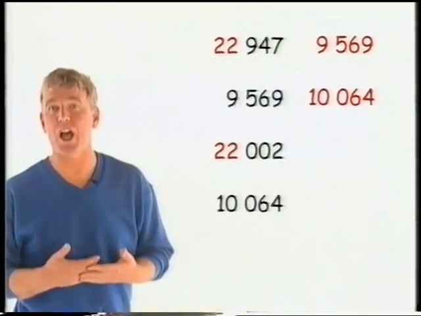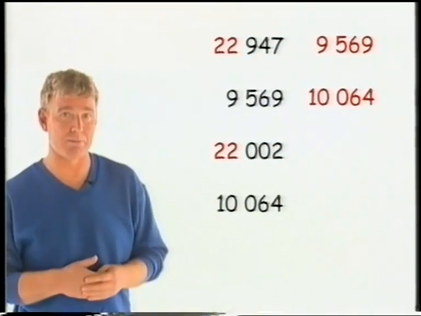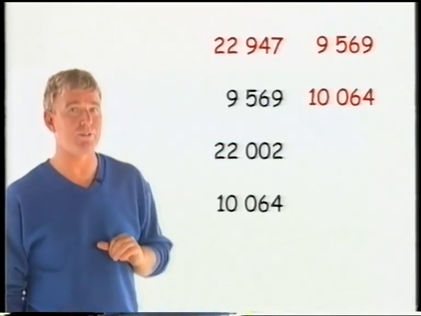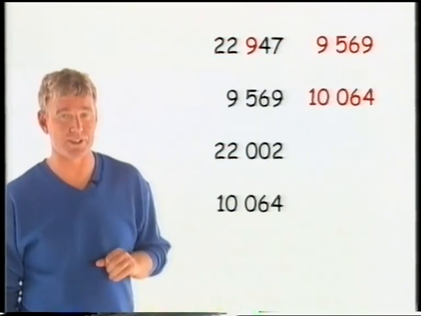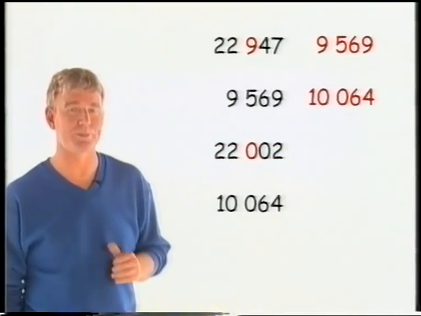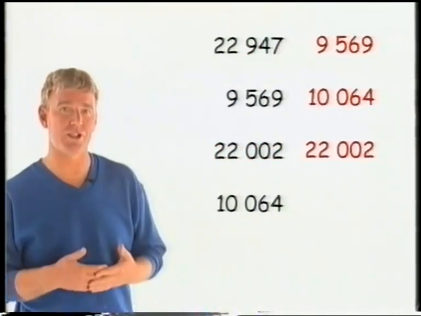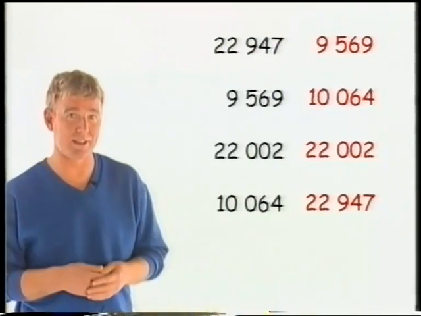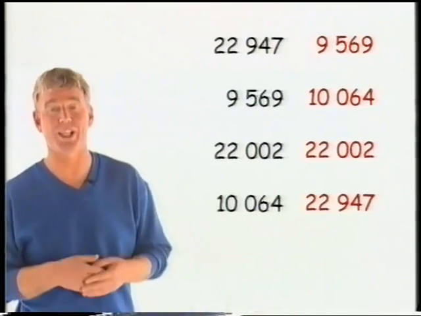We have to look at the hundreds to see which of the two numbers is bigger. 22,947 has 9 hundreds, but 22,002 has no hundreds. So 22,002 is next, and 22,947 is biggest, so it goes last.